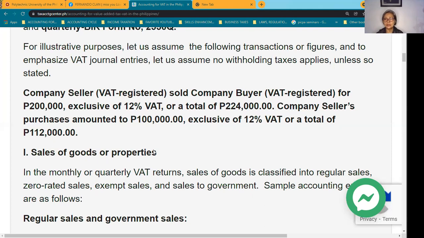Kunyari, 500,000, isa-subject mo ngayon yung government sa VAT na 12%. Pero yung government, babayaran ka nya ng minus pa ng VAT depending on the nature of the transaction, kung service ba yan or goods ba yan. So magkaiba yung withholding nila doon. So yung withheld ng government na VAT will be part of the deduction from the output tax payable.